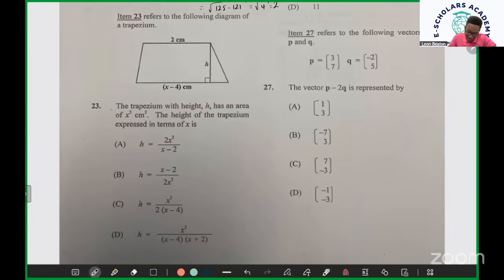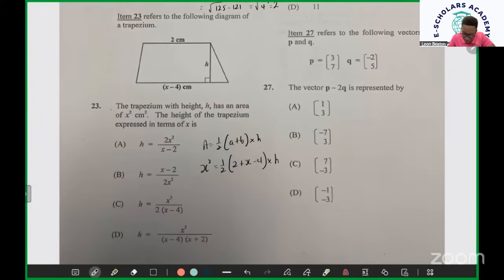So we know the formula for the area of a trapezium is half the sum of the parallel sides times the height. So the area, which they told us is x squared, is equal to half the sum of the parallel sides, which would be 2 plus x minus 4. I put in a bracket because we add, times the height.